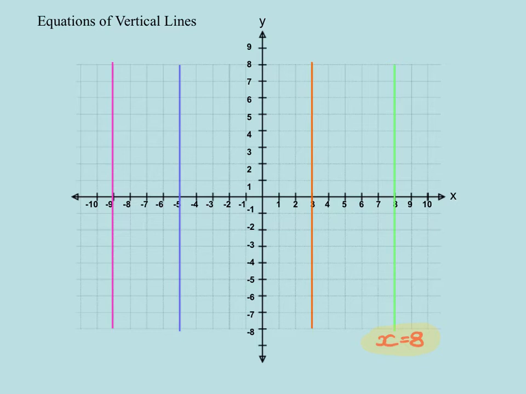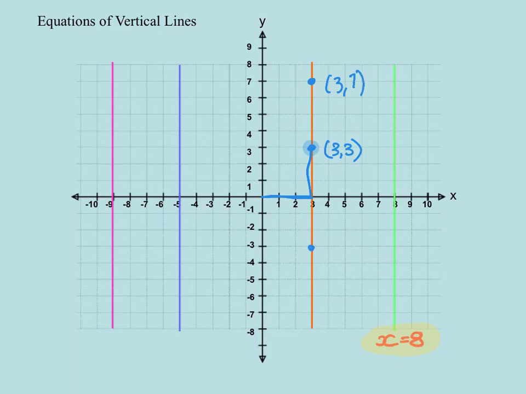You might already be thinking to yourself, oh, all right, I know what this one's going to be. So if I pick a point, any point, I'll pick that one there, along 3, up 3. Pick another one, along 3, up 7.